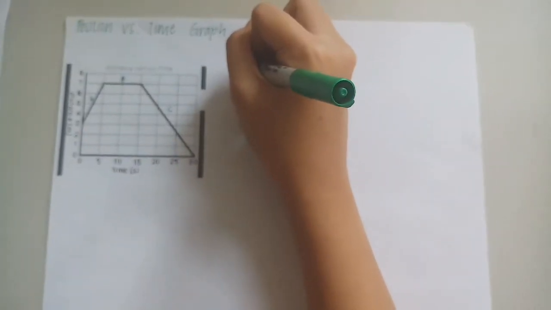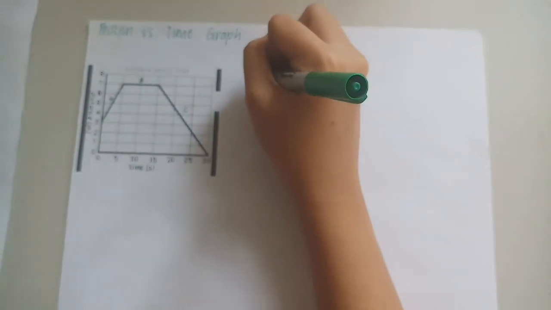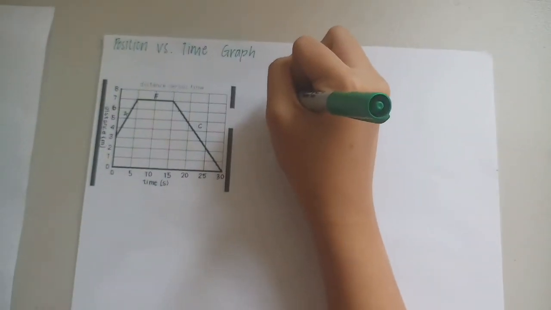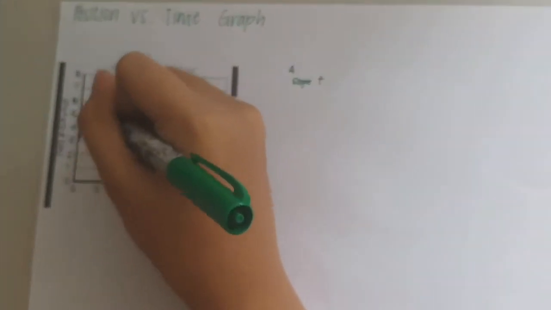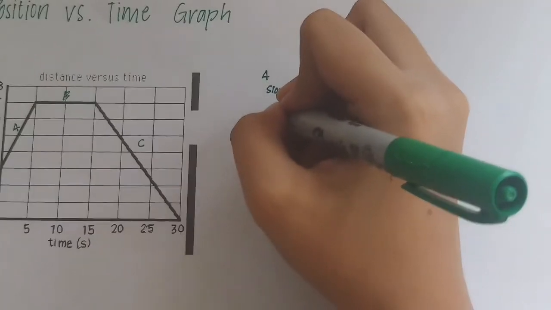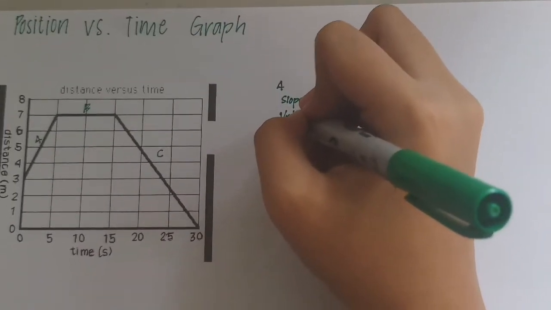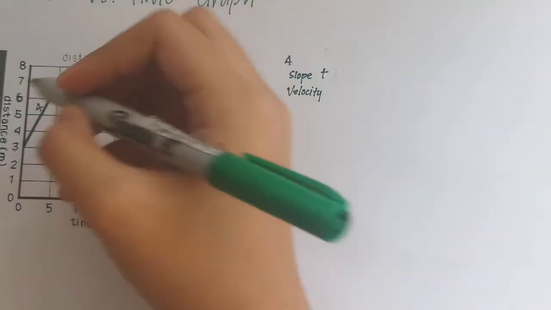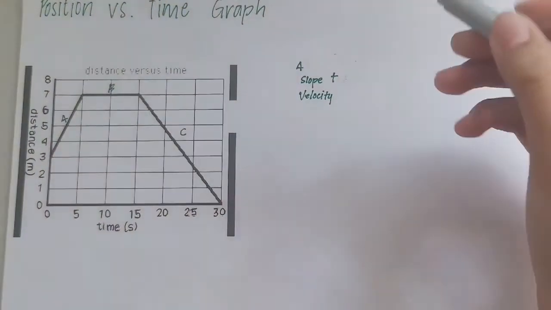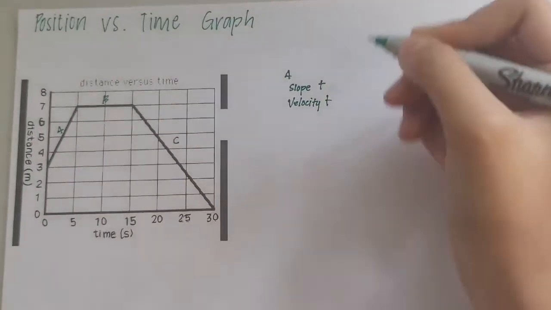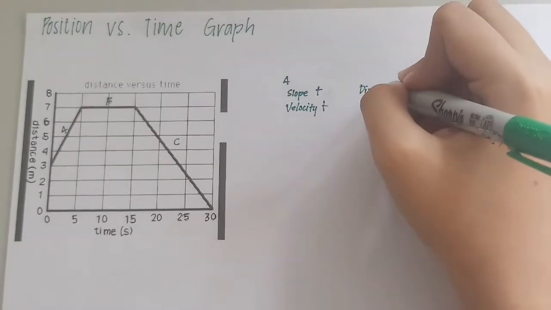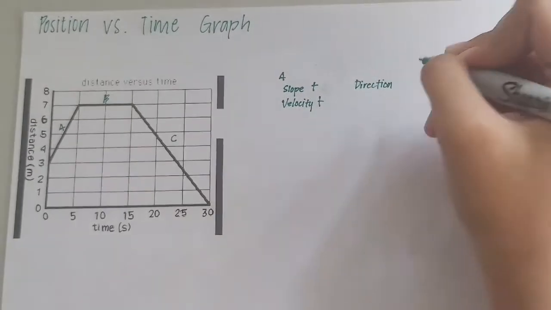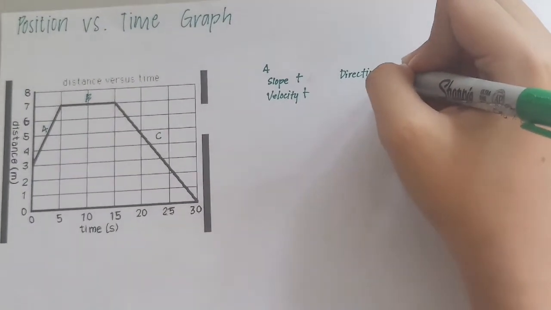Now, letter A. The slope of letter A could be considered positive since this line is moving to the right. Then the velocity. This is our velocity, so it's positive. Direction. The velocity is positive, so the direction will be positive as well.